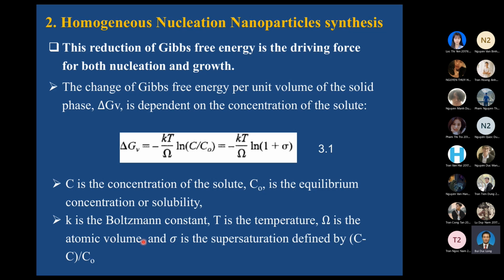Sigma can be defined as C minus C0, over C0. Not C minus C, but C minus C0, per C0.